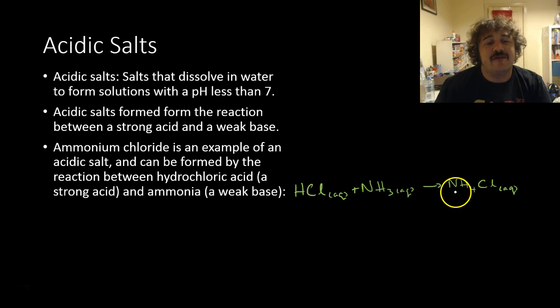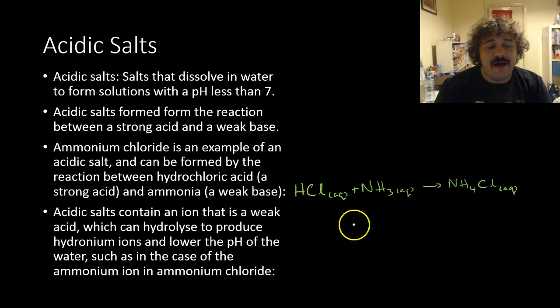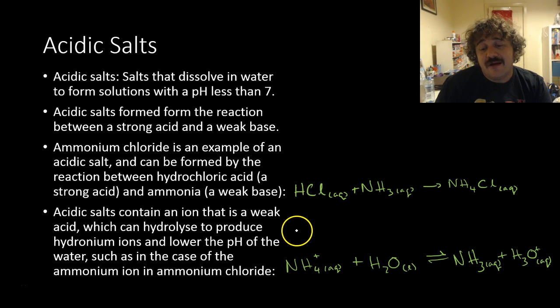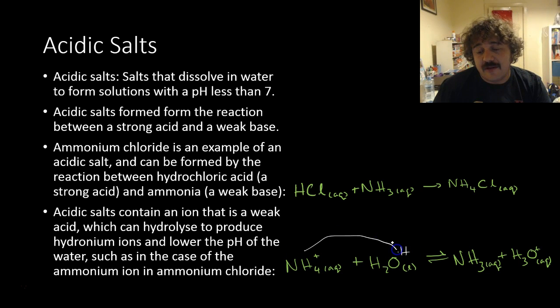So what that looks like in the end is you have ammonium chloride, which when you dissociate it, you get an ammonium ion. And when an ammonium ion is in water, it's going to act as an acid. So here it's ammonium, and it has an extra proton. It gives one of these protons over to the water, and that gives you NH3.